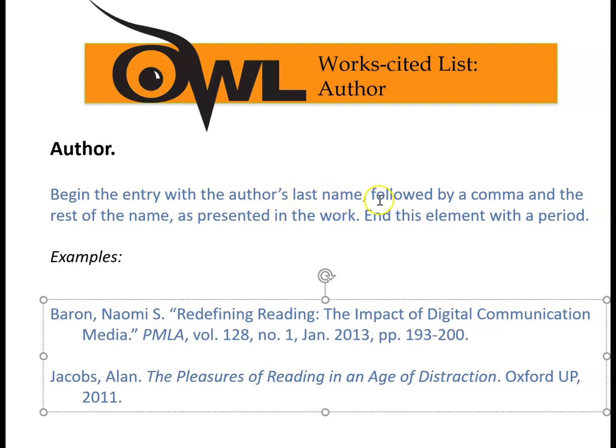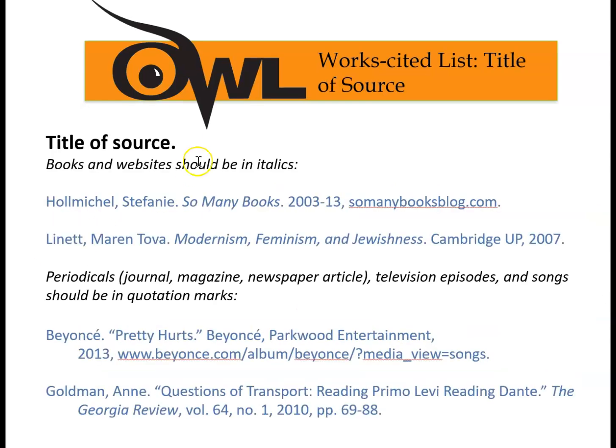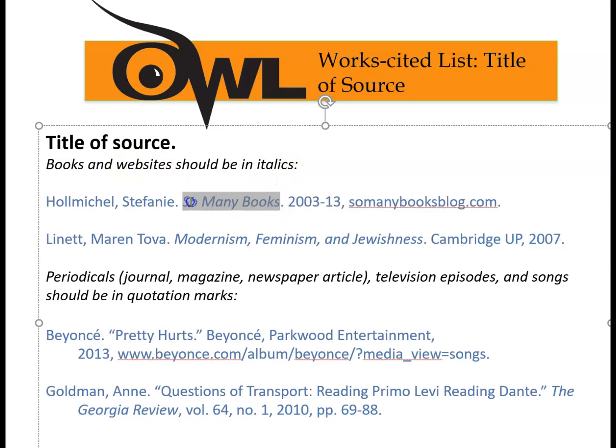So you begin with the author's last name, followed by a comma, and then their first name. If there's any initials, you can include that as well. And that ends with a period. Then you have the title of the source. If it's a whole book, or a whole website that you're using, you italicize that title.